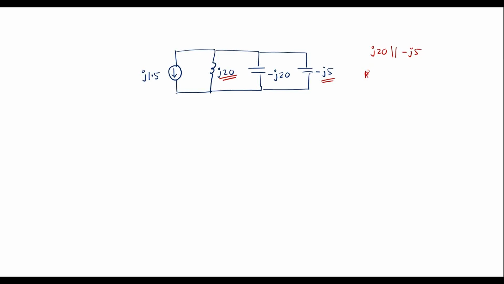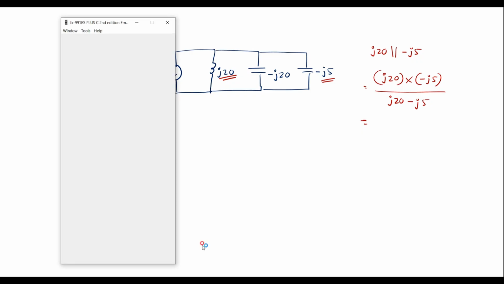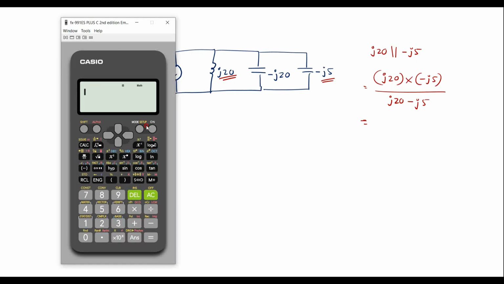The equivalent value I can calculate as J20 into minus J5, that is product of these two divided by sum of these two, J20 minus J5. Let me calculate the value of this. So now keep the calculator in complex mode, that is option 2.